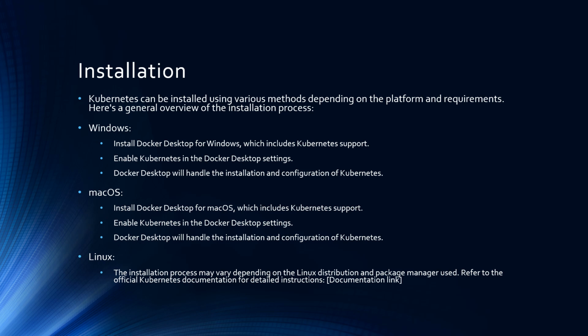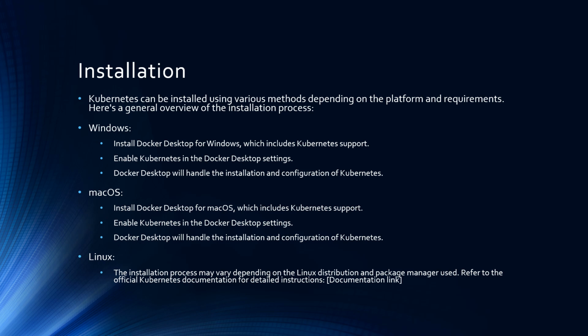For Linux users, the installation process might seem more complex at first, but it offers greater flexibility and control. The exact steps vary depending on your Linux distribution, but the official Kubernetes documentation provides detailed distribution-specific instructions. This flexibility allows Linux users to fine-tune their Kubernetes installation according to their specific needs.